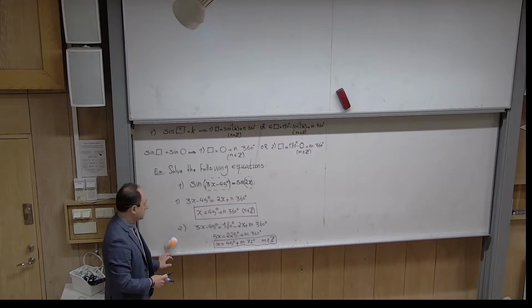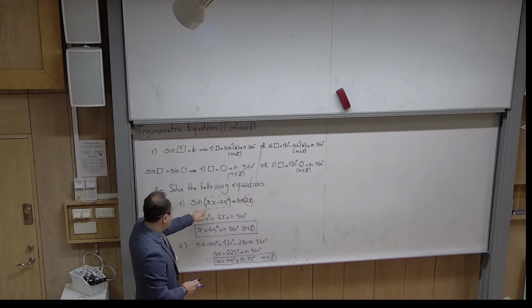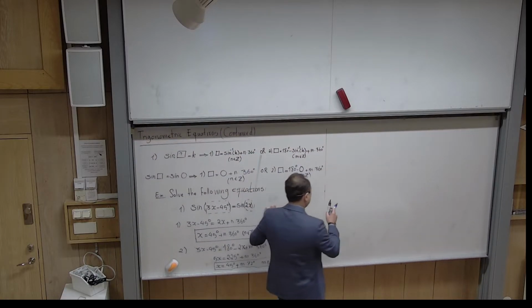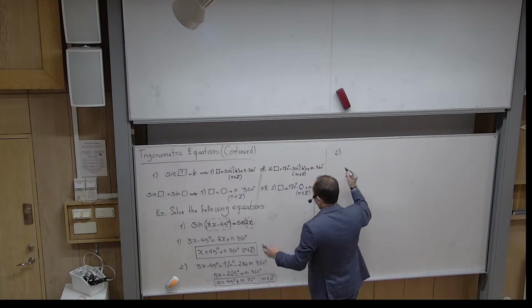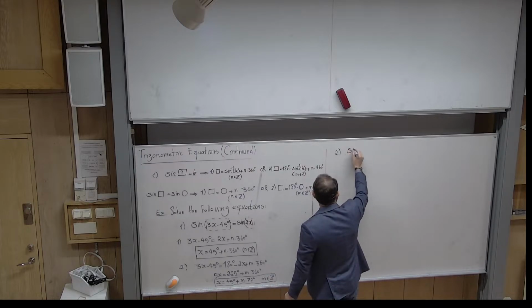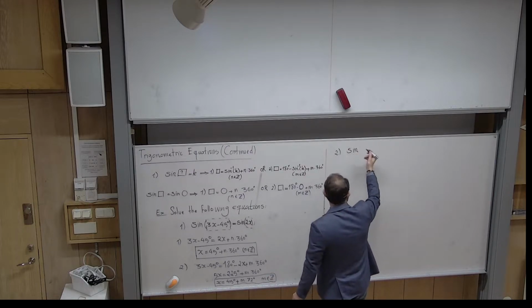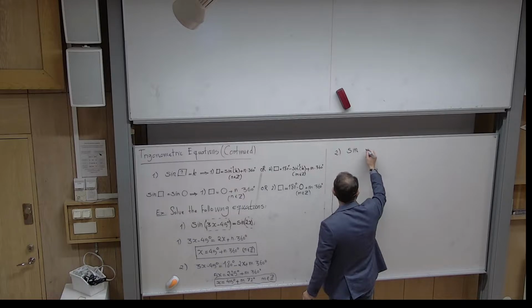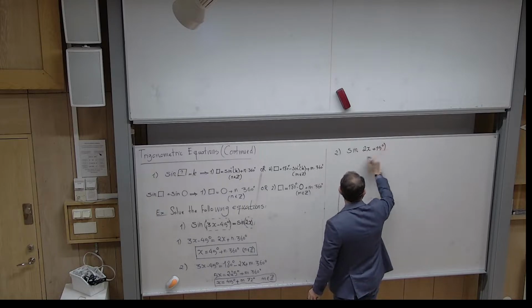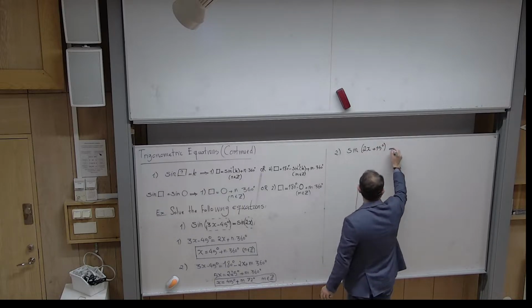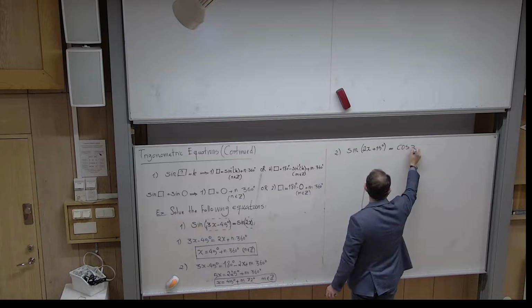Clear? Okay. Number 2, I have seen questions in the book like this. So let me write it like that. I put sine on one side as before. So sine of, for example, 2x plus 15 degrees, and then on the right, I put cosine x, for example.